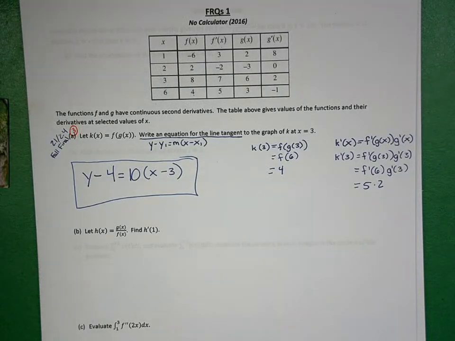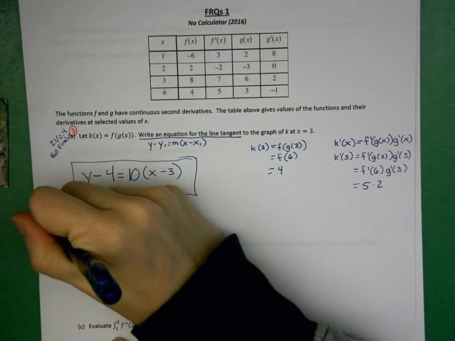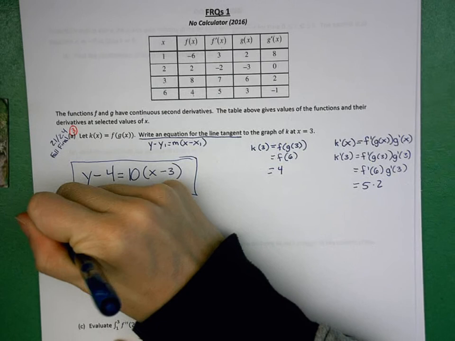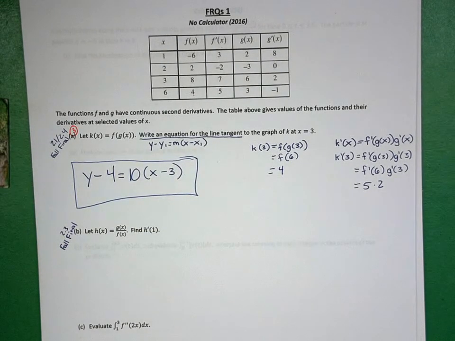Okay, B, we have let h of x equal g of x over f of x, find h prime of 1. So this would come originally out of 2.3, but then you also could look at your fall final review. We actually did one almost exactly like this in our fall final review.